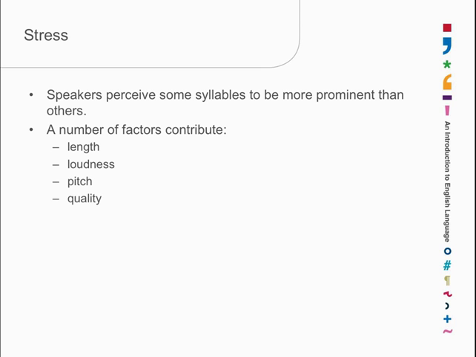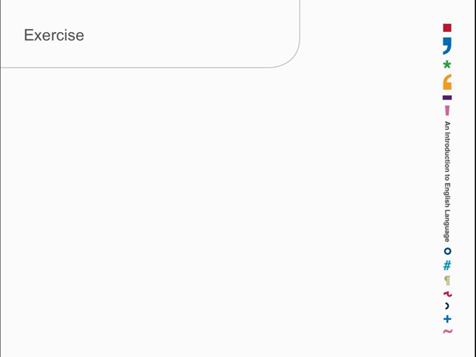As we'll see later, when syllables are not stressed, things happen to the vowel quality in their middle. So if you're listening to someone, then if a syllable is stressed, it may have a different vowel quality.